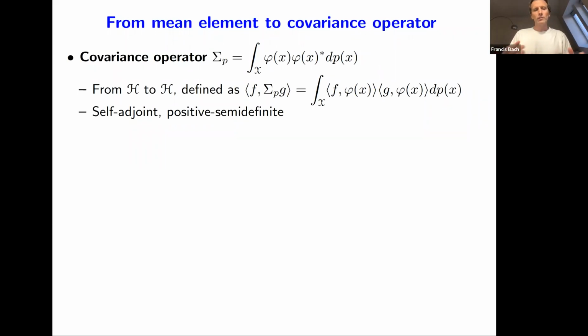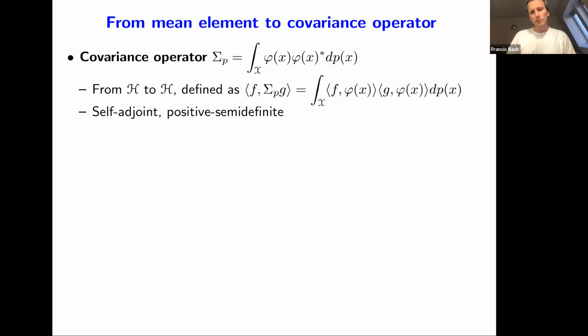I'm going to consider one feature map phi of x and consider the mean element, but for phi of x times phi of x transpose. If phi of x has finitely many dimensions, say dimension d, this is a d by d matrix, a rank 1 d by d matrix.